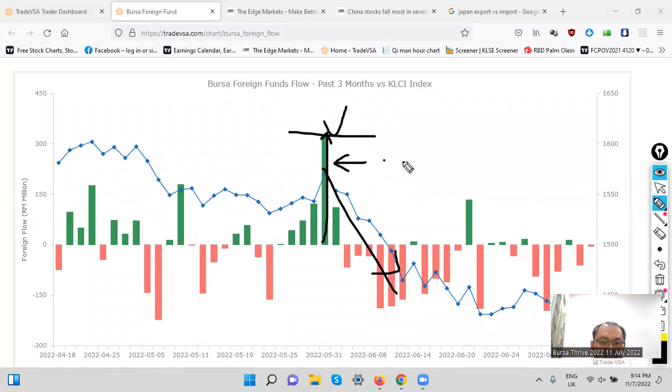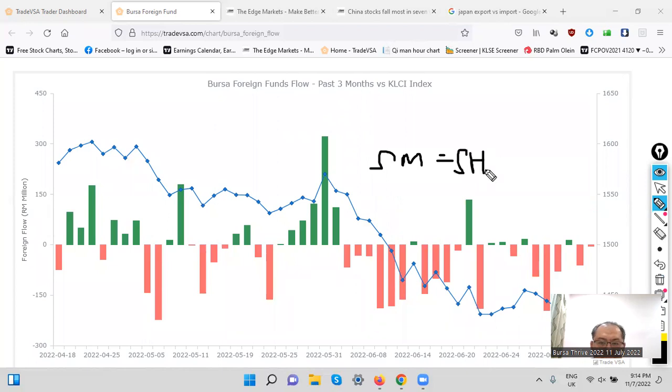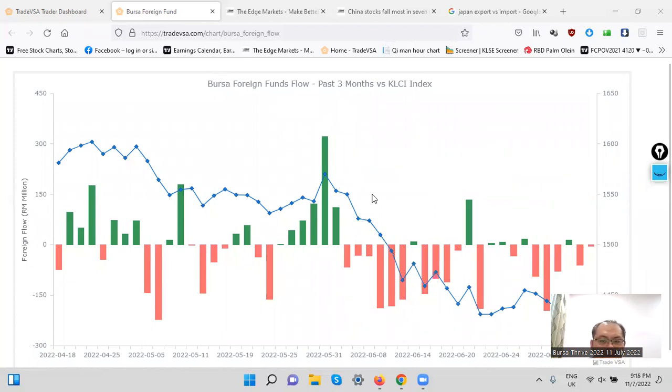Smart money wants to short the market at the high side. When it is high, they push out, go for short positions, then make a huge profit. So when you have a big jump like this, you better be careful.